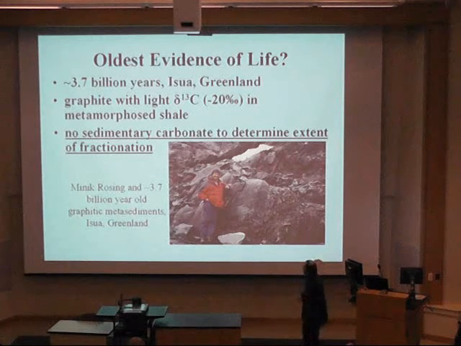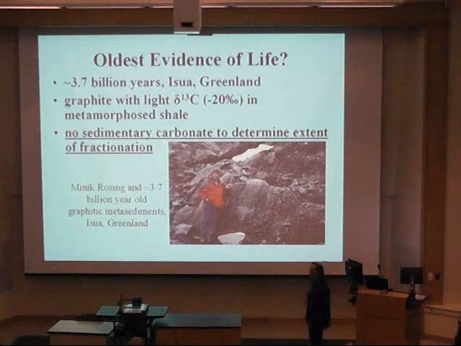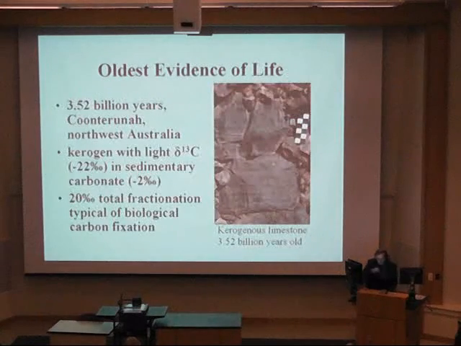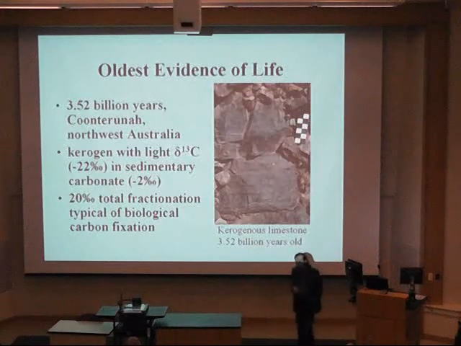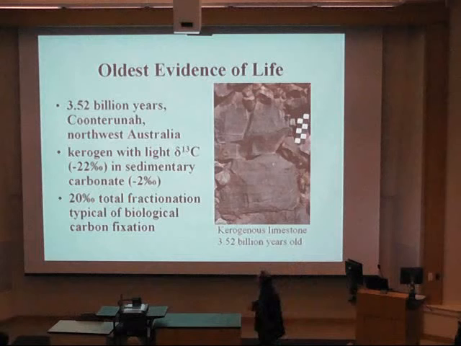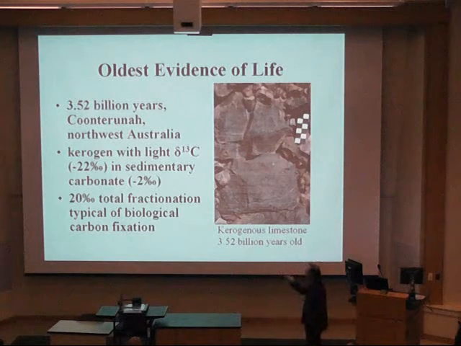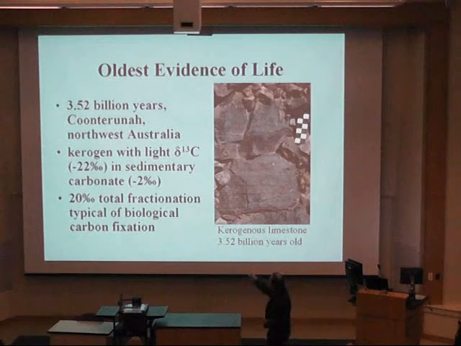This is the guy who found it, the only Inuit professor of geology on Earth, I think, standing next to his greatest discovery. So, if we go a little bit younger, in northwestern Australia we find carbonate rocks that are clearly sedimentary, layered, and deposited in the ocean, and they contain relatively unmetamorphosed organic matter within the carbonate.